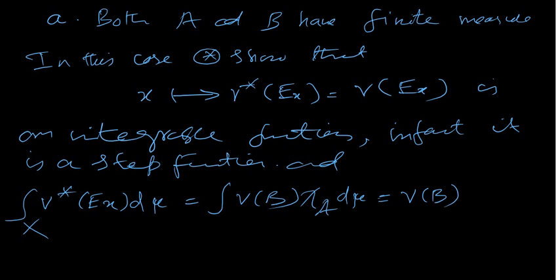that comes out of the integral because it is independent of x, times chi A of x. The integral of this function is equal to mu of A. It's a step function.